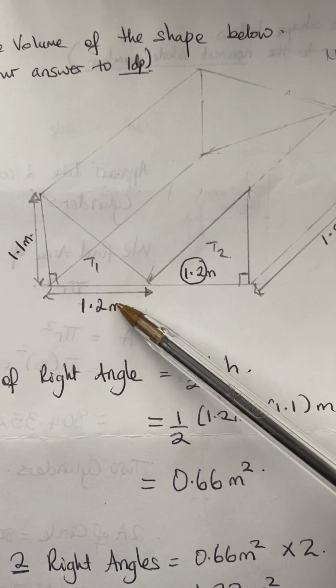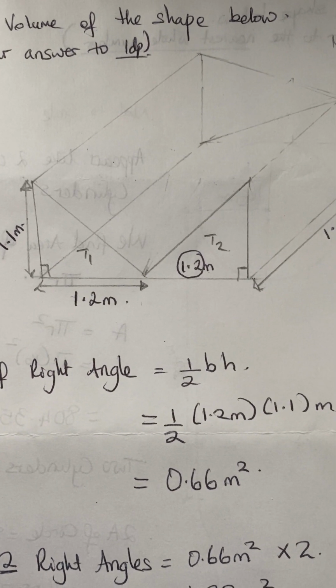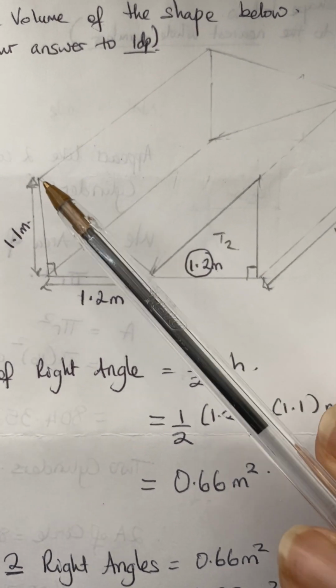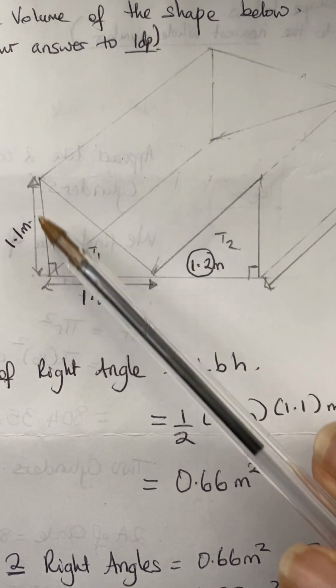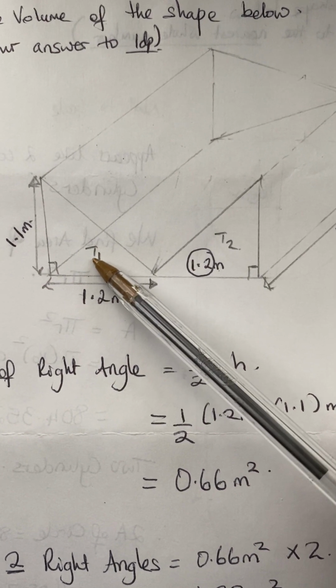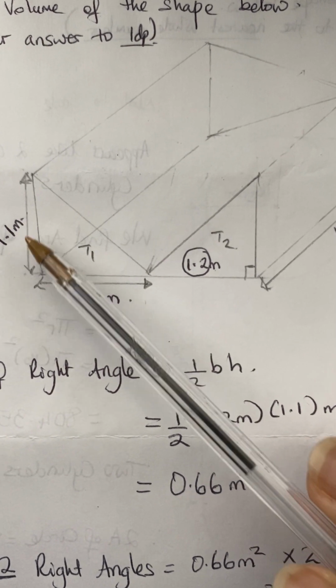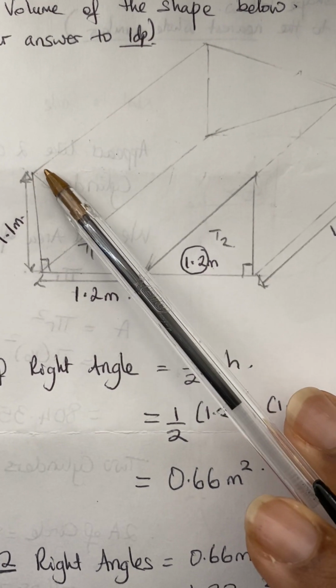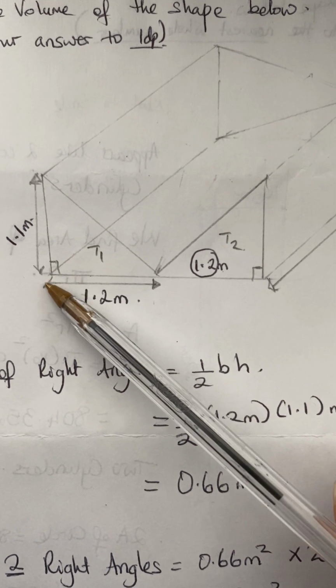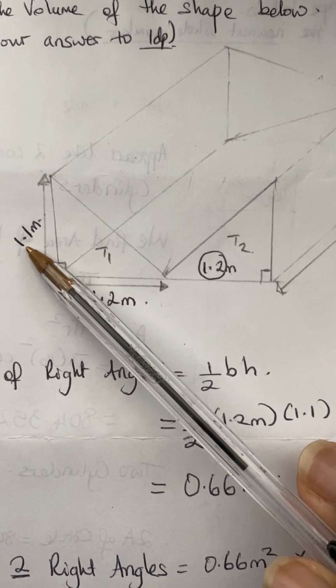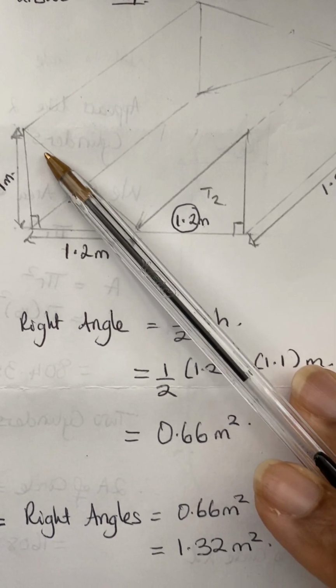All my units again are in meters. I want the perpendicular, so the area of this triangle here is half base times height, and the height now here is 1.1 meters.